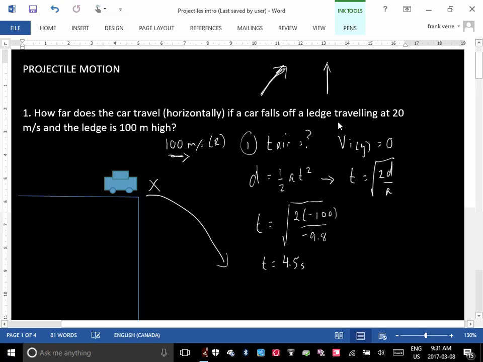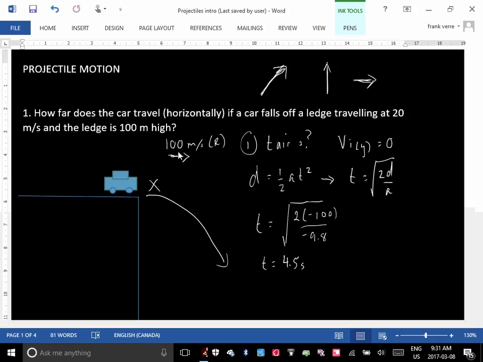This vector only has a vertical component, but this vector only has a horizontal component. Its vertical component would in fact be 0. So this car has a horizontal component of 100 meters per second, right, but a vertical component of 0.